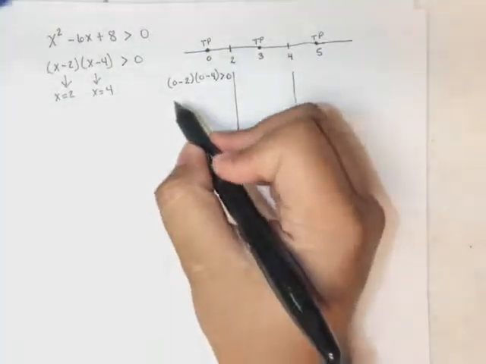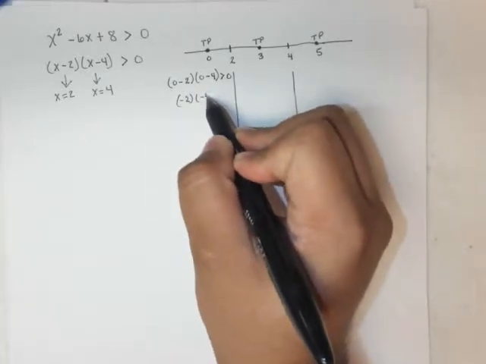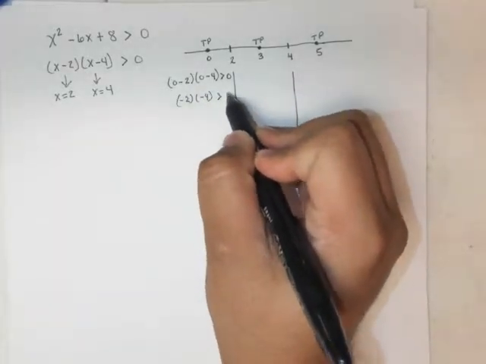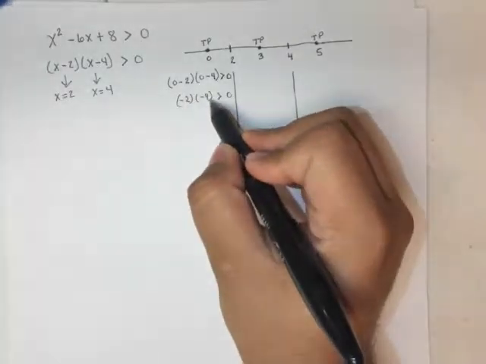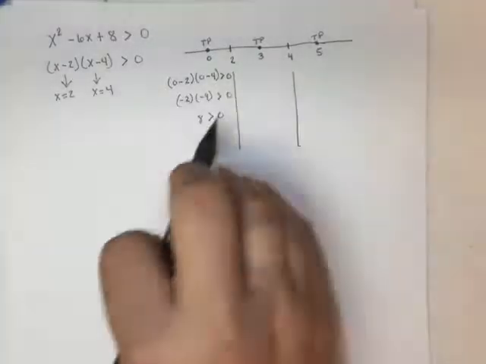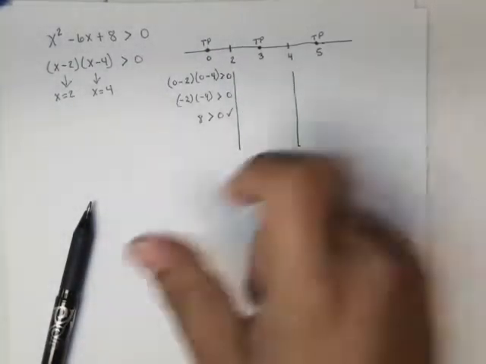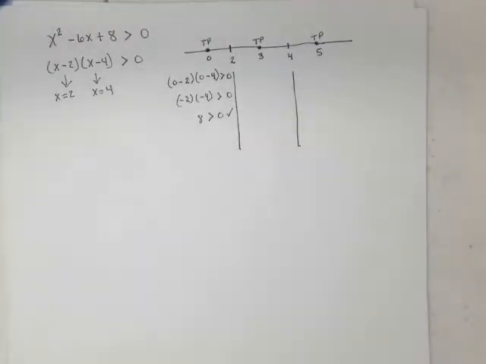So this gives me negative 2, and this here gives me negative 4. Negative 2 times negative 4 is positive 8, and positive 8 is greater than 0. Therefore, this right here is a true statement.